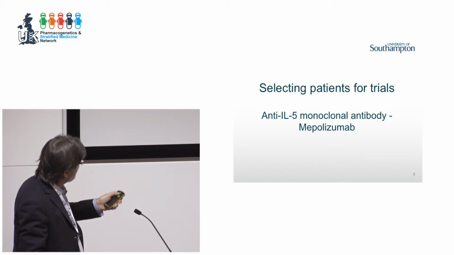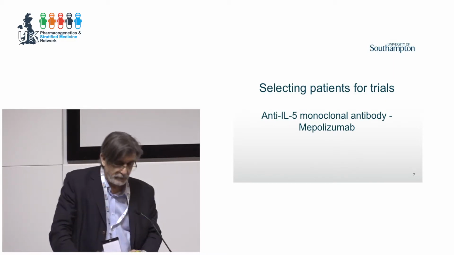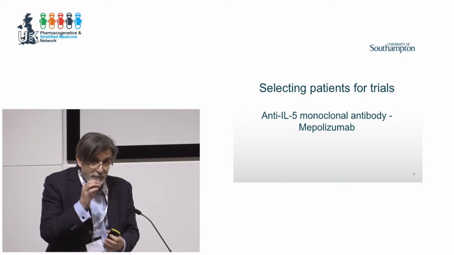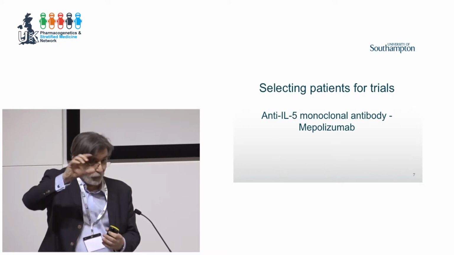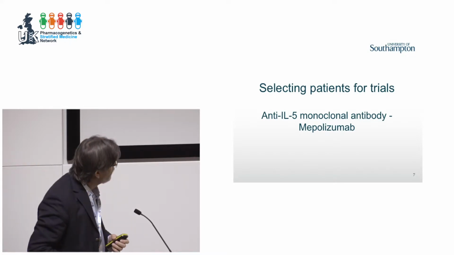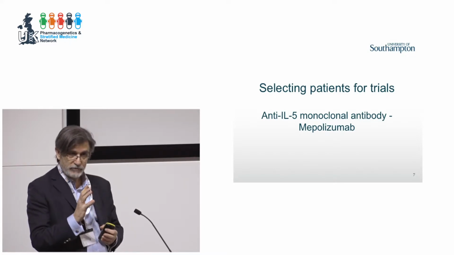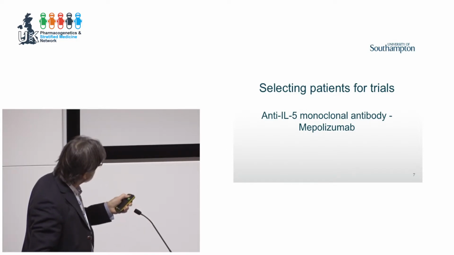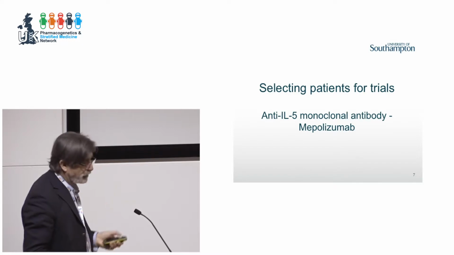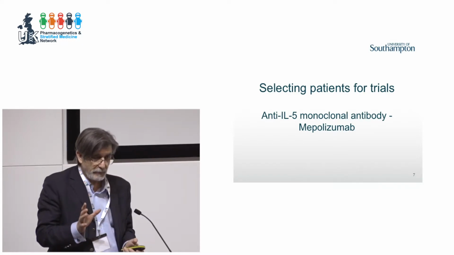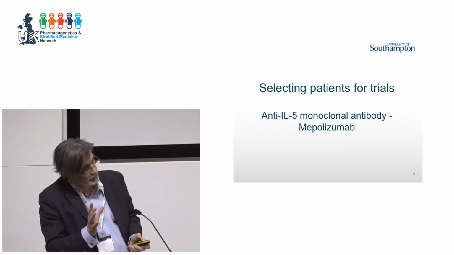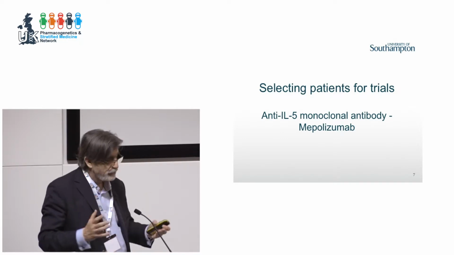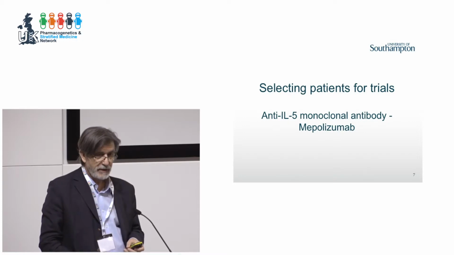Okay, so I'm going to take one example just to show you how critical, and by critical I mean all in uppercase, critical it has been to stratify patients. This is an anti-interleukin 5 antibody that was developed by a consortium of companies previously, and then merged subsequently into what we now know as GSK.